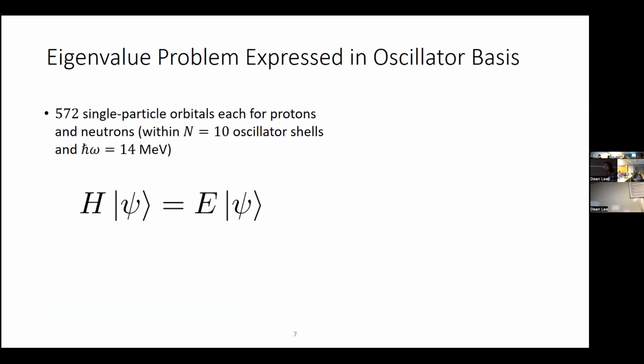We have various truncations and finite computers, so we solve for the binding energy by taking the mean-field approximation. We don't consider correlations and so forth, and we work in a model space which has 572 single-particle orbitals for neutrons, as well as for protons.